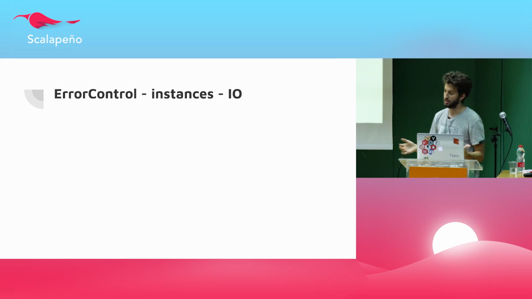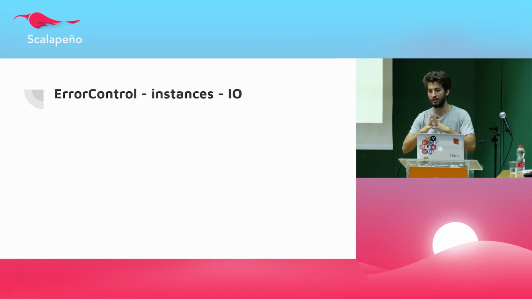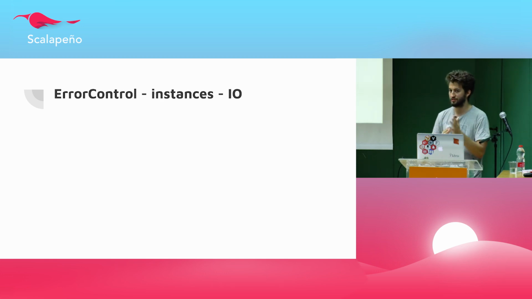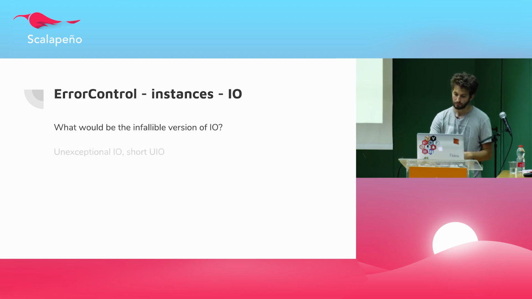So now let's look at something for I/O. But immediately we come into the problem of what is the non-fallible version of I/O? There's this thing that's been around in Haskell for a very long time, called unexceptional I/O, or UIO for short. It basically is exactly this I/O type, except it doesn't have the capability to raise or handle errors.